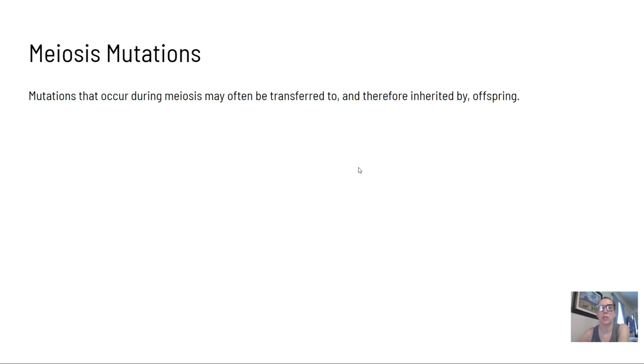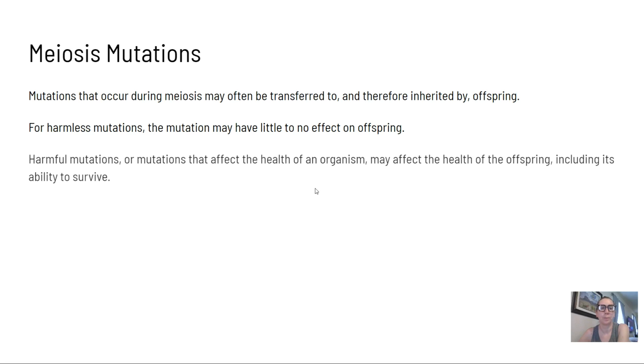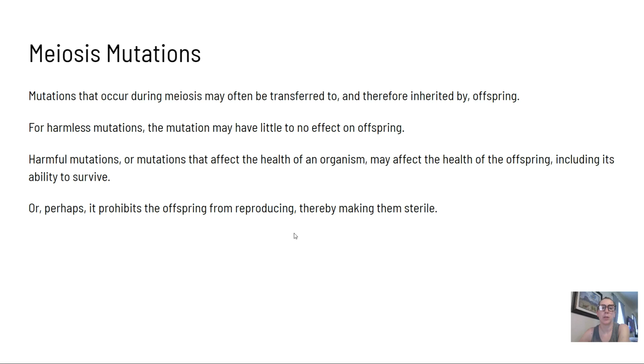Mutations that occur during meiosis may often be transferred to and therefore inherited by offspring. For harmless mutations, the mutation may have little to no effect on the offspring. Harmful mutations, which are mutations that affect the health of an organism, may affect the health of the offspring, including its ability to survive, or perhaps prohibit the offspring from reproducing itself, thereby making them sterile.